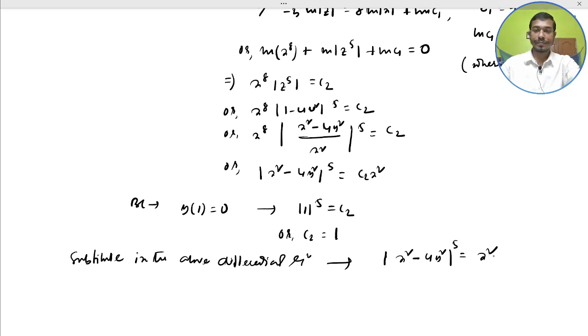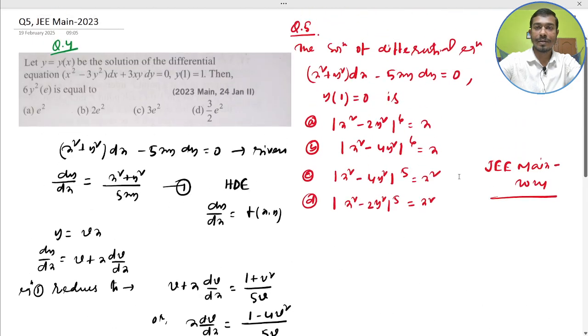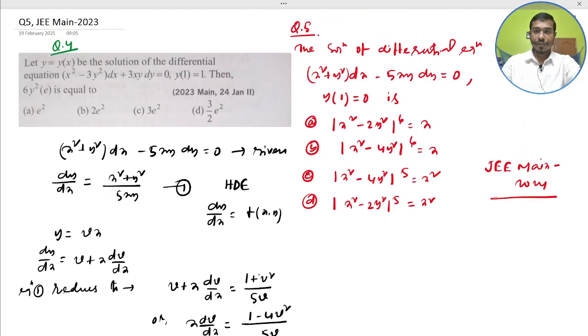So the option matching here, option C, would be the correct one, because mod x square minus 4y square to the power 5 is x square. We already derived the solution. Option C would be correct.